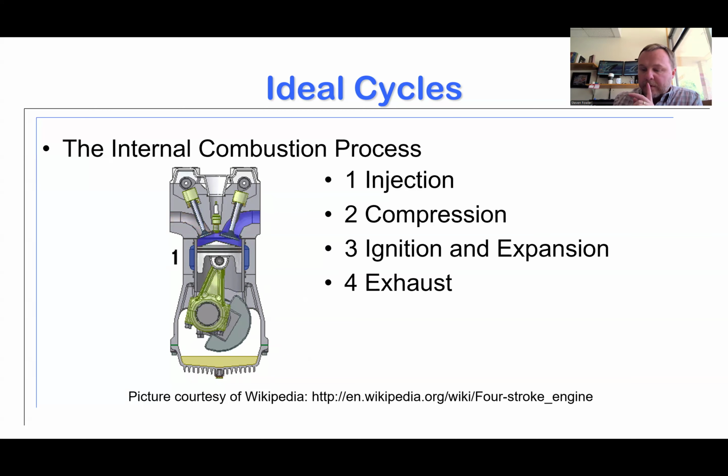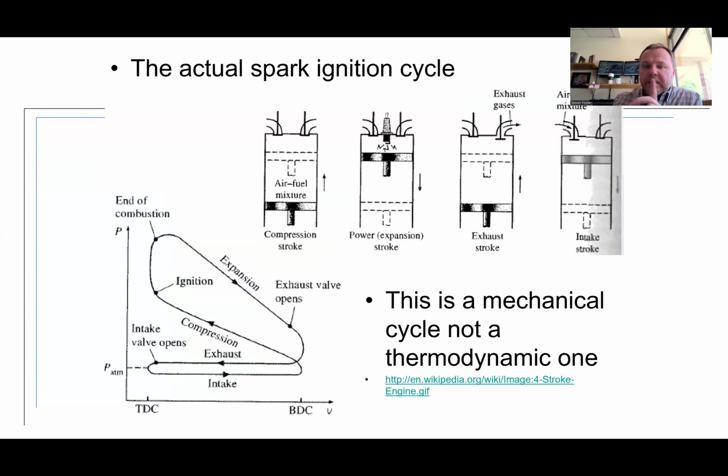Anyway, that's more than we really have to know here. I'm going to go back a slide and let's look at this process, what this looks like. I've just pulled information off of Wikipedia, nothing fancy here, and that's where that GIF is from. Notice that you've got the expansion, and then it goes down here, and this is kind of the exhaust and the intake, and then it goes back up and compresses, and now it's ready.